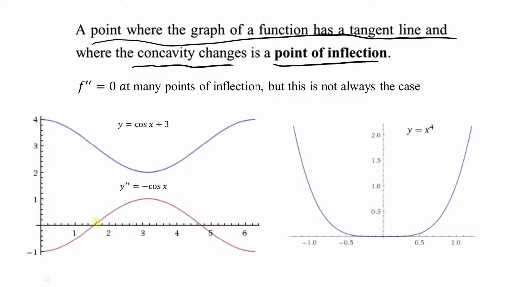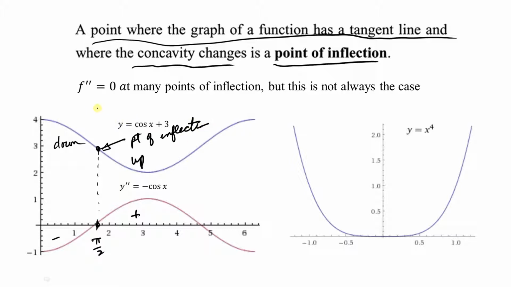Now, notice that at this point on this graph, where the second derivative goes from negative to plus, this would be pi over 2, I believe. Notice that the original curve goes from being concave down to concave up. So this is a point of inflection.